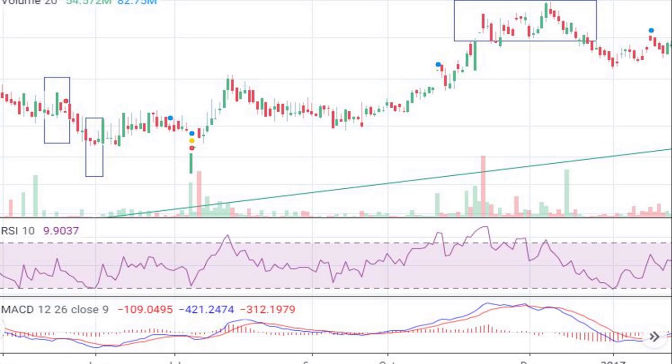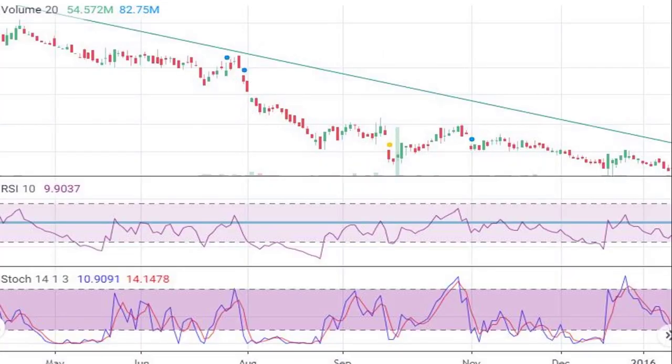Let's continue and see other indicators. We have another indicator here, and we have a downward trend. In this downward trend, we are only allowed to take a sell position. And also we use the 50 level line of the RSI indicator. And let's talk a little about the stochastic indicator.